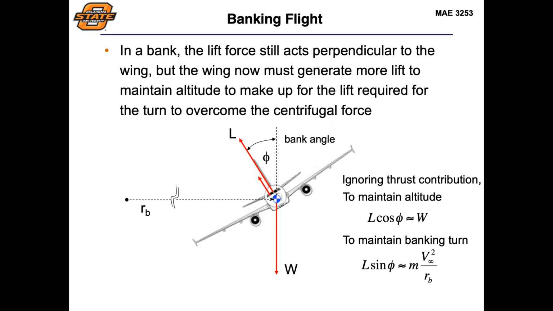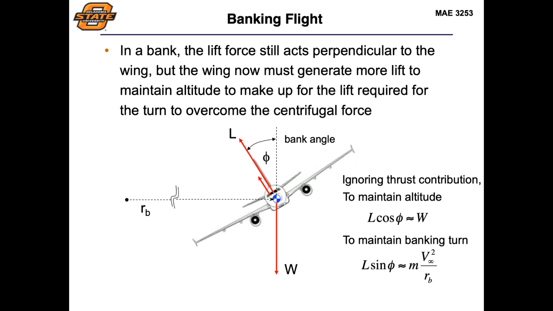If that's not true, then we're either going to increase our altitude if that left side of the equation is greater than weight, or we're going to decrease altitude if that left-hand side of the equation is lower than our weight. Also, to maintain this banking turn, it must also be true that the forces acting along our horizontal axis must be balanced.